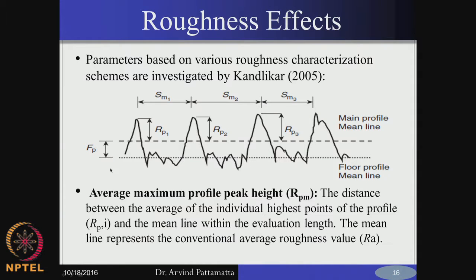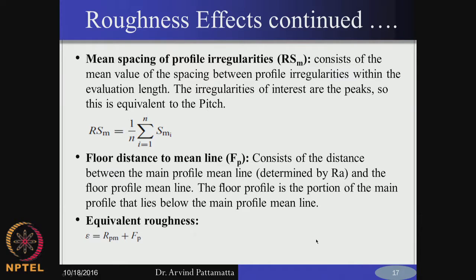That is the mean profile or mean line, from which we calculate the distance to the peak, and we take a simple arithmetic average of all these respective values, RP1, RP2, RP3 and so on, and that gives an average of the maximum profile peak height. That is RPM, and the value of FP, which is the displacement of this mean line from the floor, is fixed. If you sum this value of RPM with FP, that gives you the equivalent roughness.